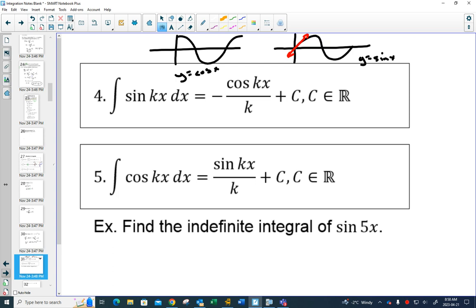Here's the tangent at 0 for cos, and then right after, the tangents start to go negative. I find thinking about the graph an easy way to remember that the derivative of sine is positive cos, and the derivative of cos, as those slopes go negative right away, is negative sine.